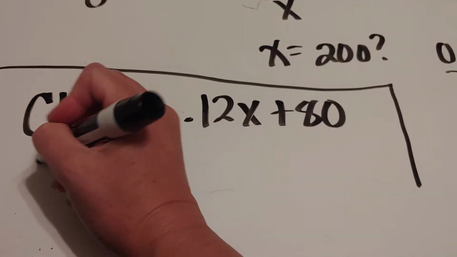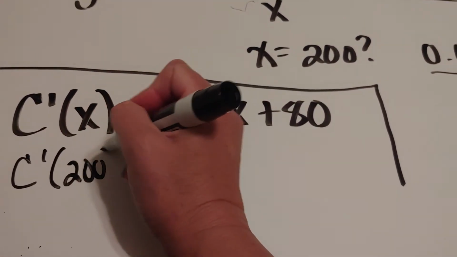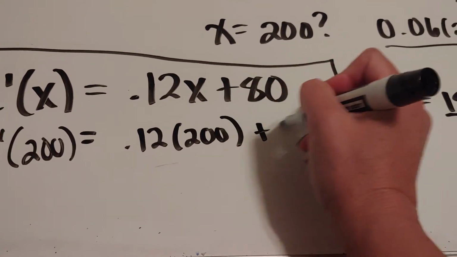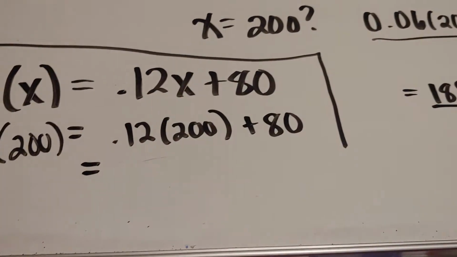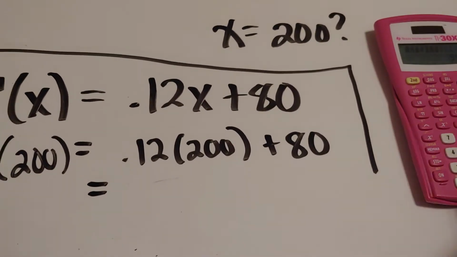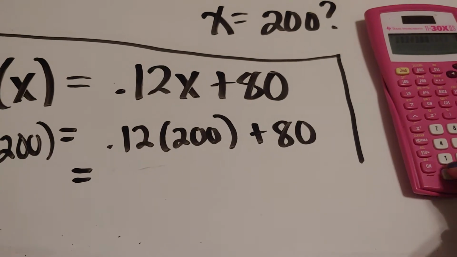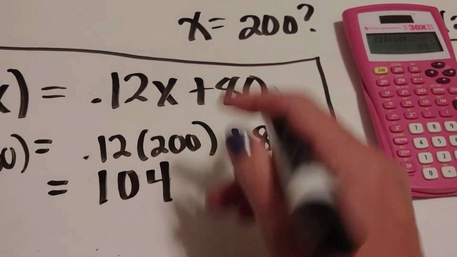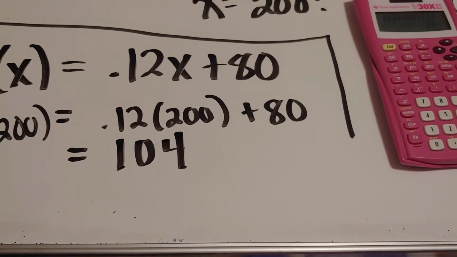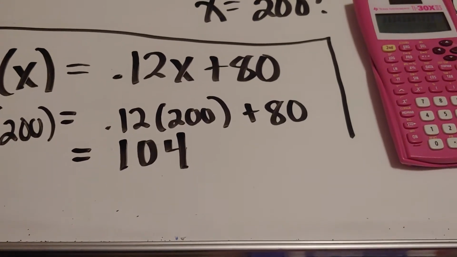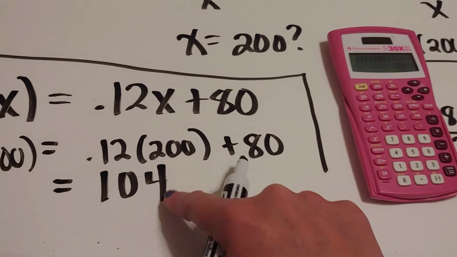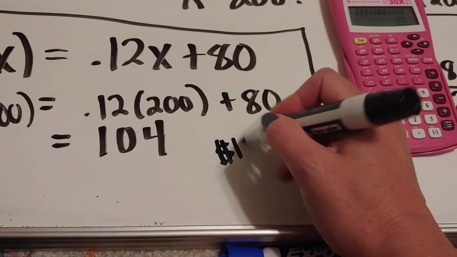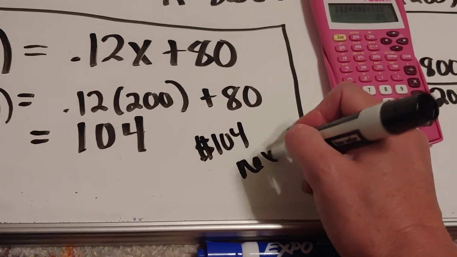Now if I want to know what's the marginal cost at 200, I would plug in 200. 0.12 times 200 is 24, add 80, it's 104. So here at the 200th item, it's actually costing $104 to make the next item.